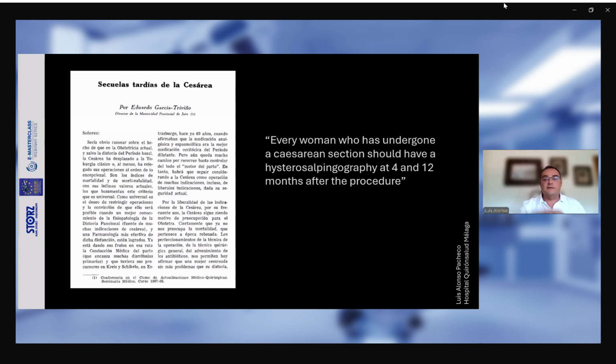The title, in Spanish, is Long-Term Complications of the Cesarean Section. And in this paper, Dr. Garcia Triviño stated that the etiologic essence of all post-cesarean complications lies in a pathological scar formation. So this is the first paper I have found talking about the problem, the abnormal healing of the scar.